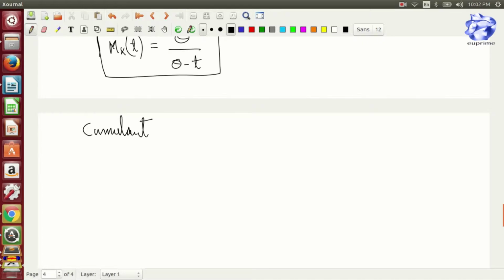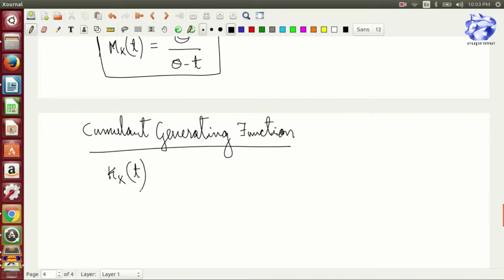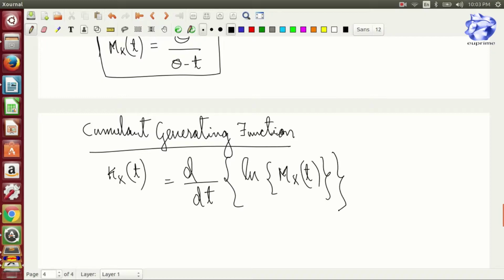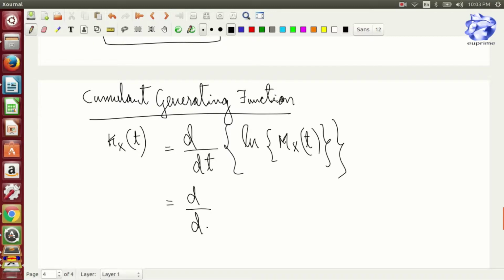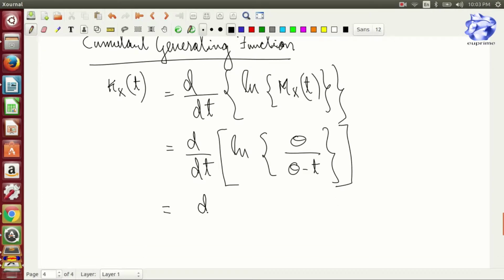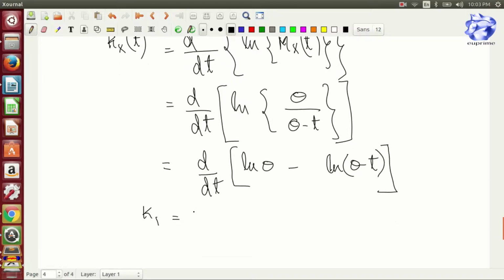We have one more generating function called the cumulant generating function, which is the differentiation of the log of the moment generating function with respect to t. So we will just substitute Mx of t, that is theta by theta minus t, and find the differentiation. We get the differentiation of log theta minus log of theta minus t.